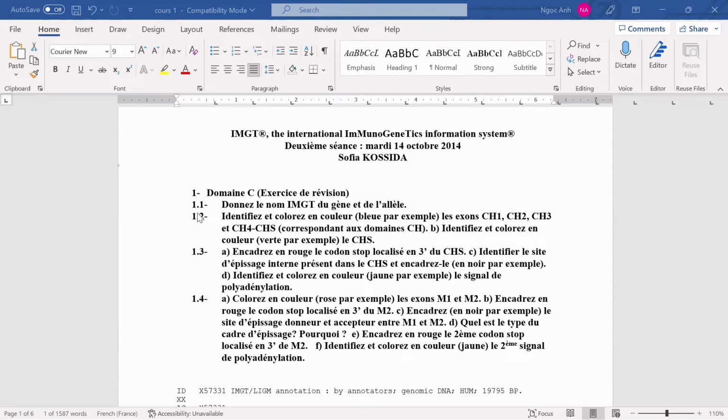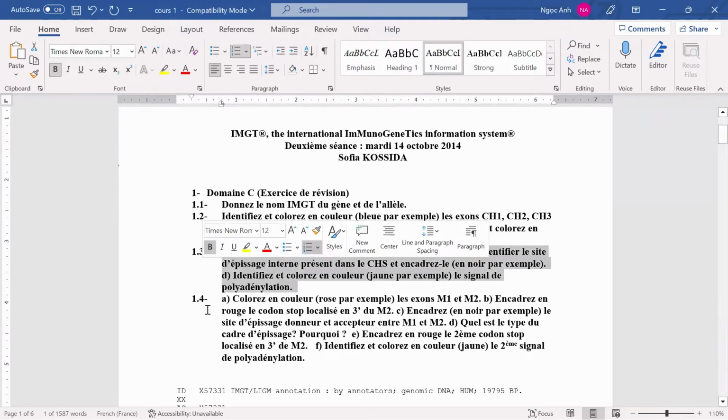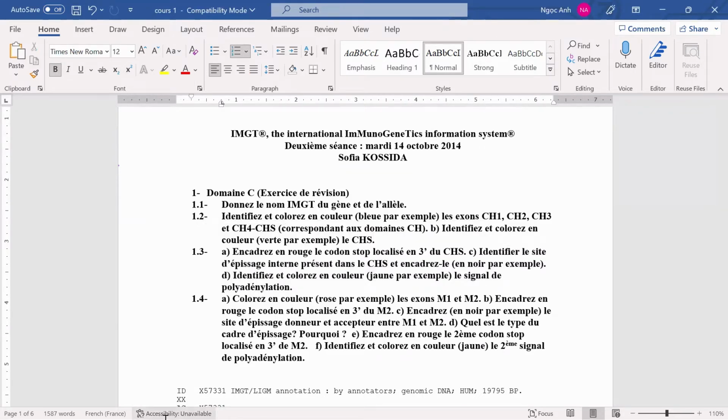It tells you to identify the internal splice sites within the CHS, to identify the polyadenylation site as well. Then it asks you to find the exons M1 and M2. I'm at 1.4. It asks you to find the stop codon on the 3' of the M2.